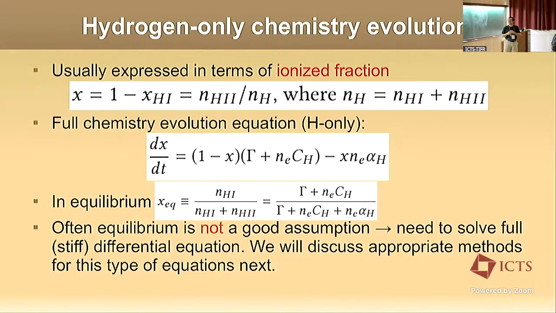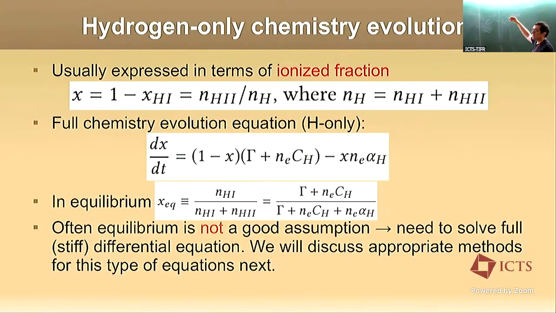I don't know if I can explain it very well, but you can have equations where the solution is something like, for example, e to the minus x plus e to the minus 1000x, right? Imagine that's a solution for your equation. It's easy to write an equation that this is the solution. So as x evolves, this term very quickly becomes irrelevant, right?